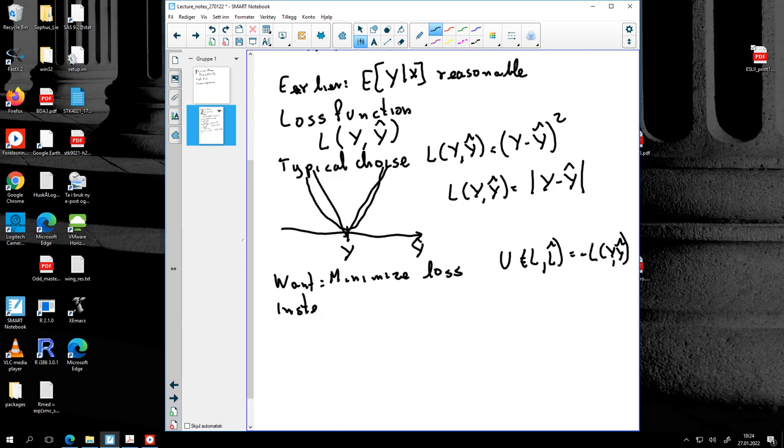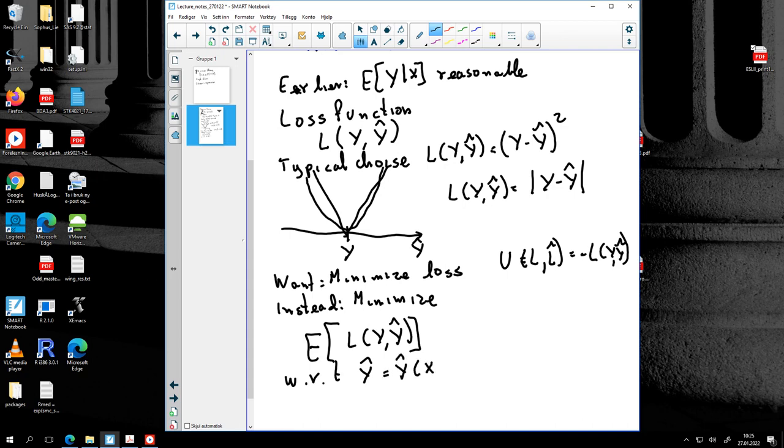So instead, we minimize the expectation of the loss function. And we minimize it with respect to y hat. Note that this y hat is a function of x. So now we have made a mathematical problem.